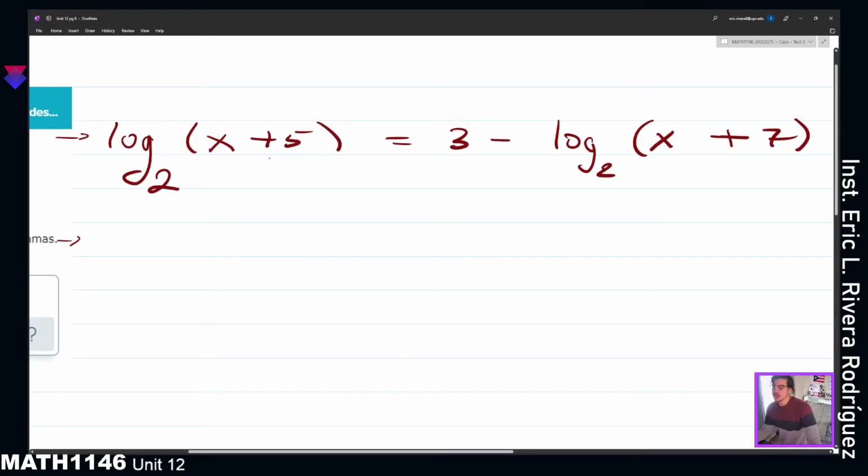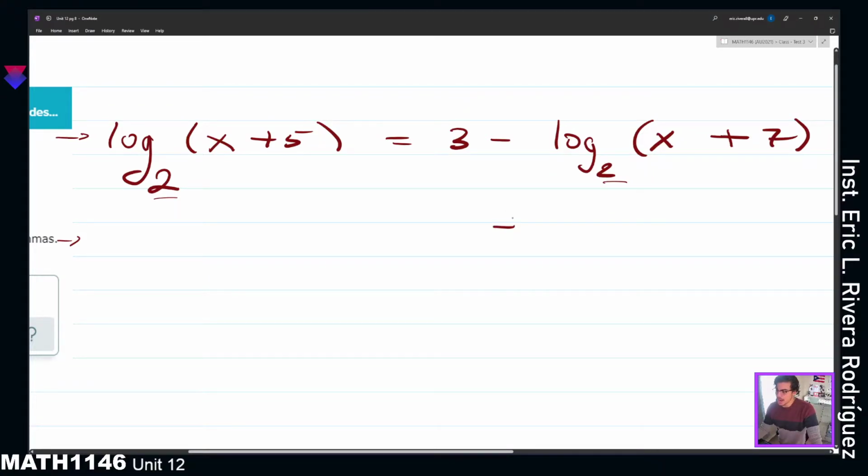Okay. In this case, since we have two logarithmic functions in the same equation, the first step that you want to do here is to combine these two, if it is possible. Because we have the same base on both logarithmic functions, that is going to be possible because we have the product property or the quotient property.